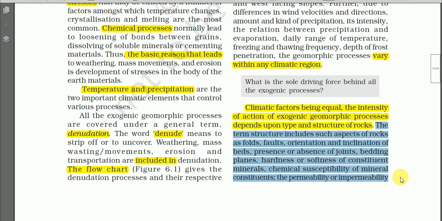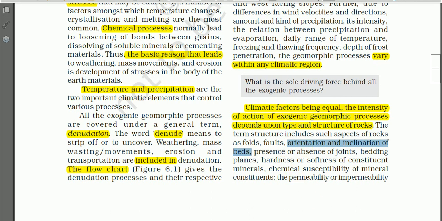The term structure includes different aspects of rocks such as faults that we have learned earlier, then orientation and inclination of beds. So what is a bed?